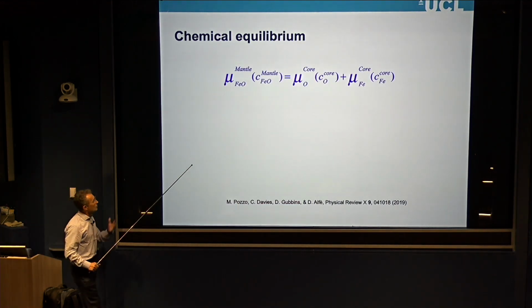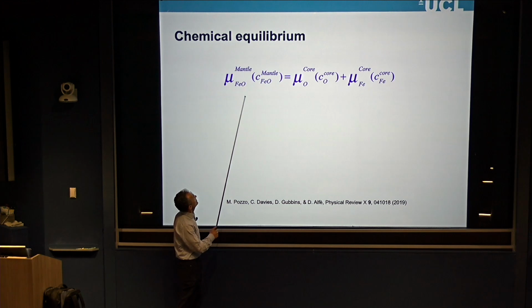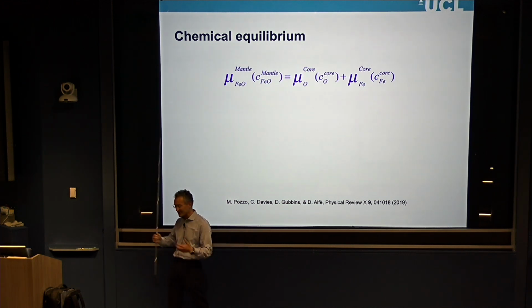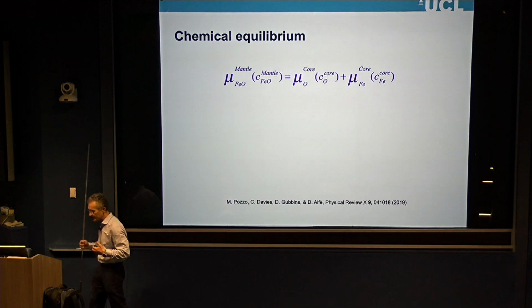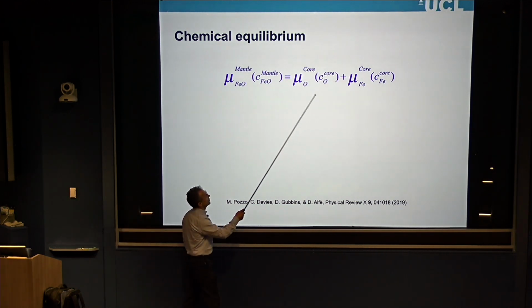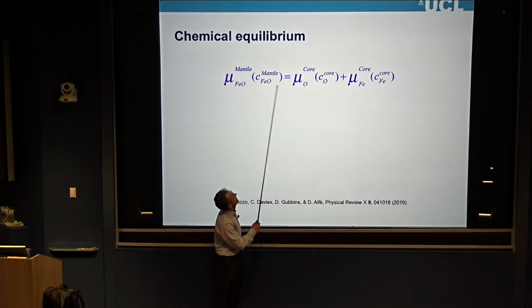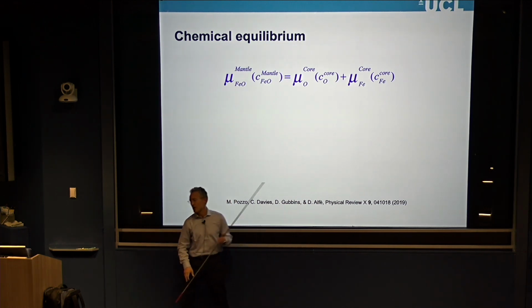So you can look at this. You can calculate, again, the chemical potential of iron oxide, for instance. So if you imagine that oxygen may travel between the two as iron oxide, you can calculate this in the mantle and then in the core. And again, equilibrium is given by the point where these two quantities are equal.